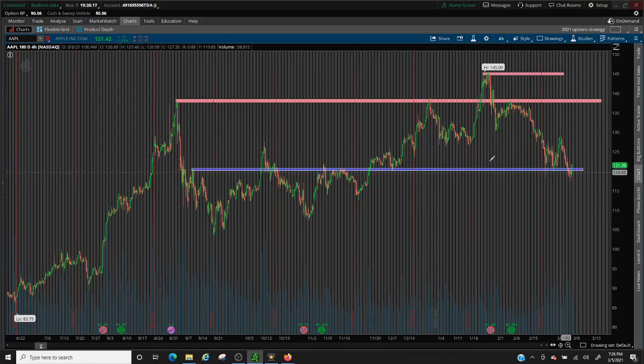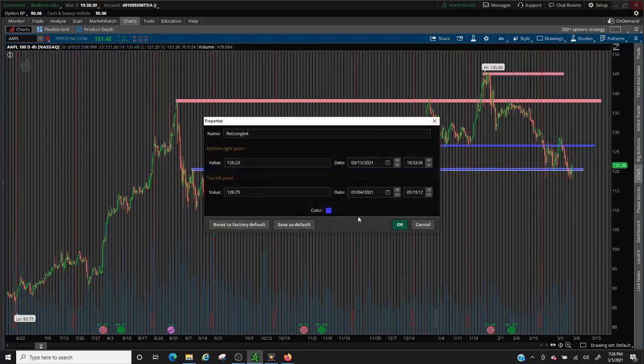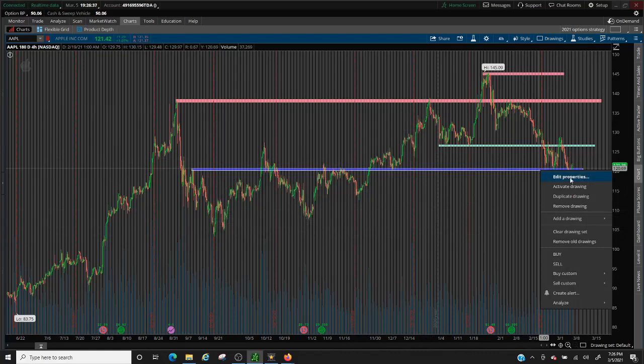Okay, let's see if we can do a small one right here. I'm gonna draw a line of support, an area of support right over there. I'm gonna make this a different color, and this one also a different color.